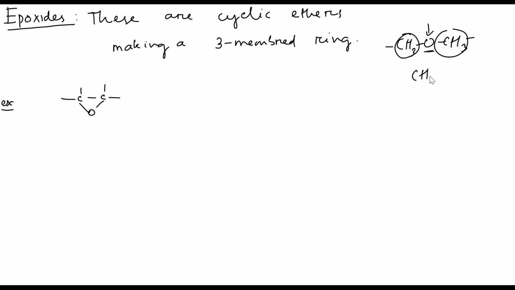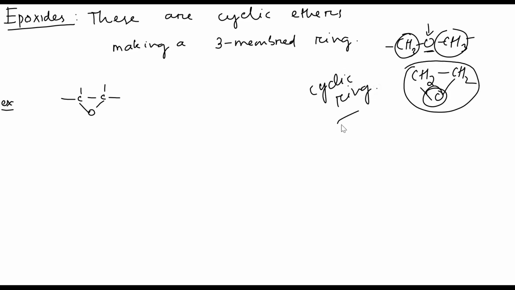Let us consider CH2, single bond CH2, single bond O. These alkyl groups along with the oxygen make a cyclic ring, and this is the ethereal oxygen. Combining all of this, we get an epoxide.